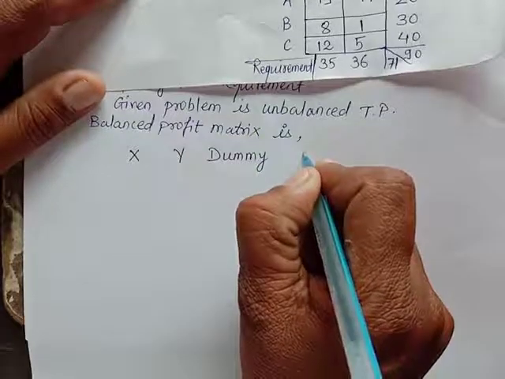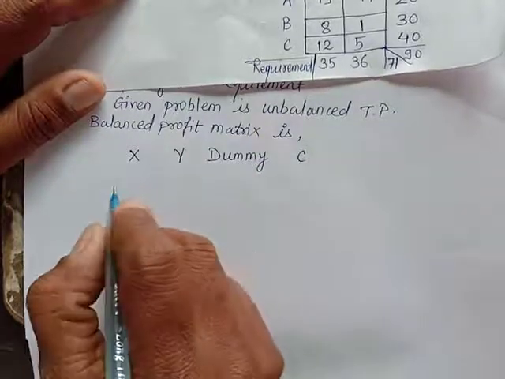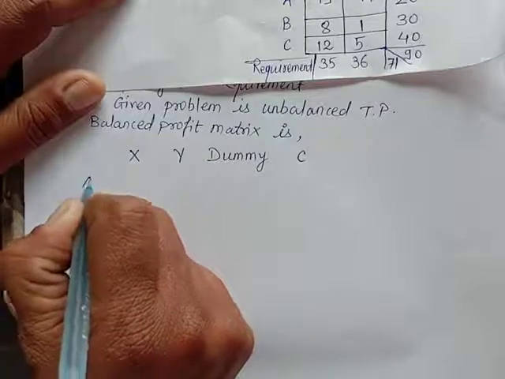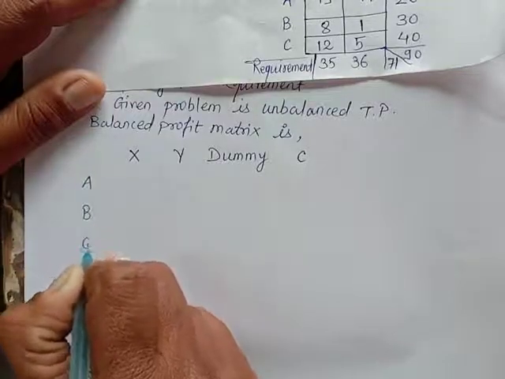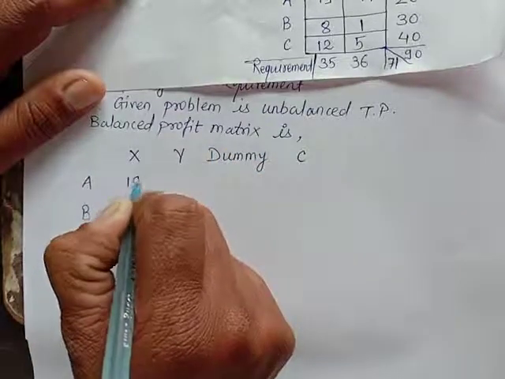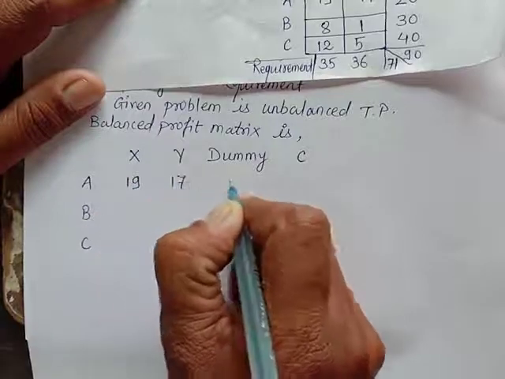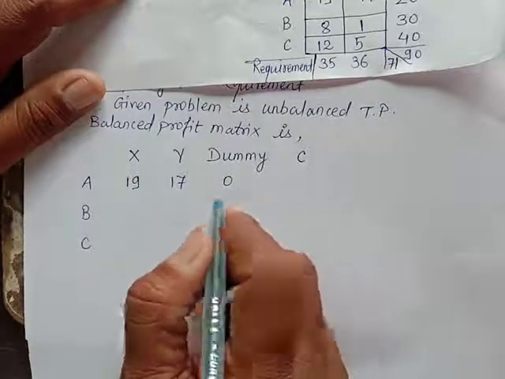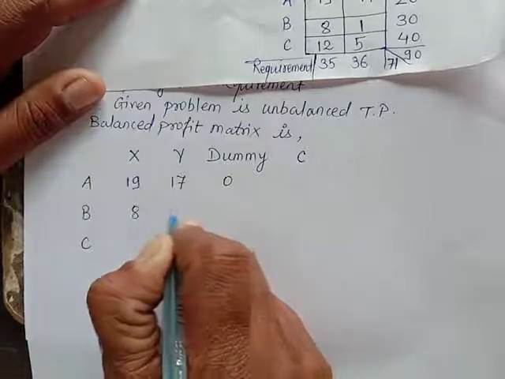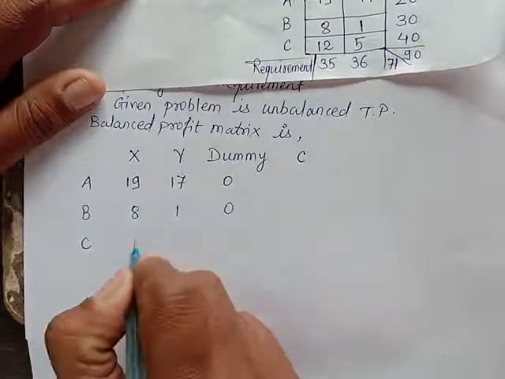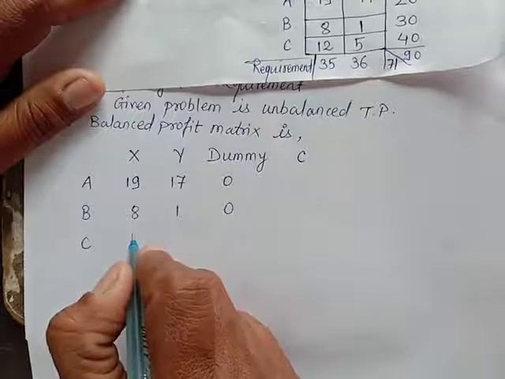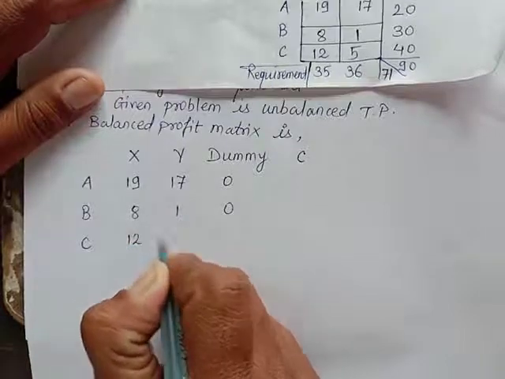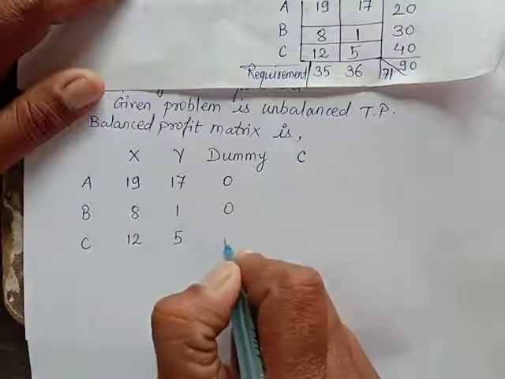So let me write for capacity C. Okay, and what is here? Origin A, B and C. So here these profits as it is, here we will take the profit as 0 for dummy. Here it is 8, 1, and here it is again 0. Here 12, 5 and 0.